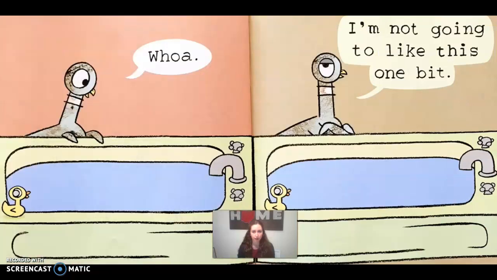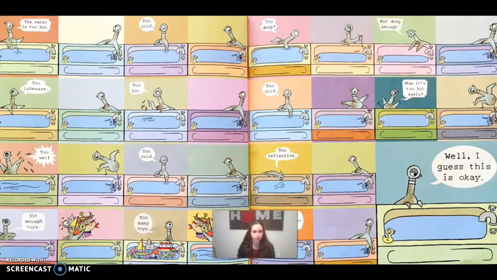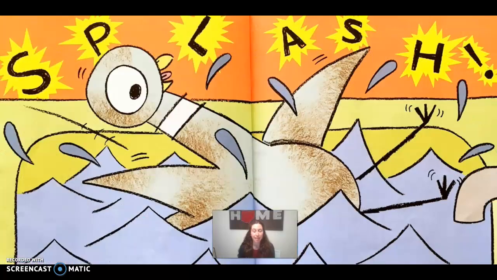Whoa, I'm not going to like this one bit. The water is too hot, too cold, too lukewarm, too hot, too wet, too cold, not enough toys, too many toys, too deep, not deep enough, too cold, now it's too hot again, too reflective, that is still too hot. Well, I guess this is okay. Splash!